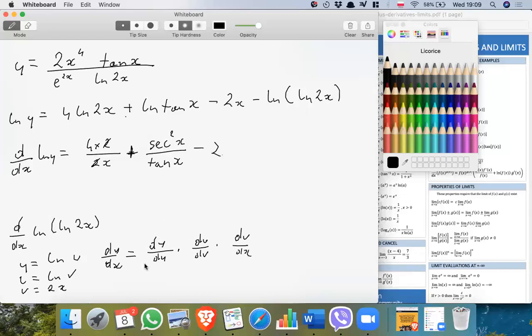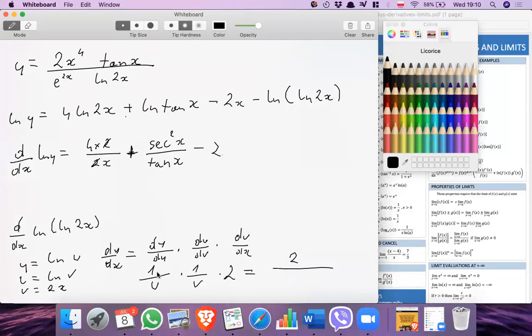So dy/du is 1 over u. du/dv is 1 over v, multiplied by 1 over v, and dv/dx is simply 2, and that will turn into 2 multiplied by 1 over u.